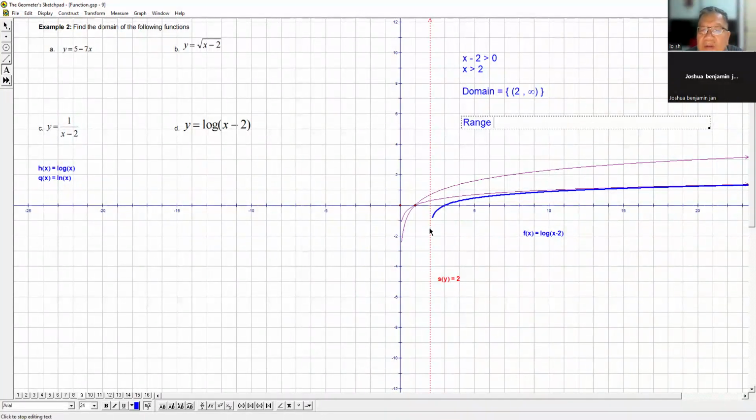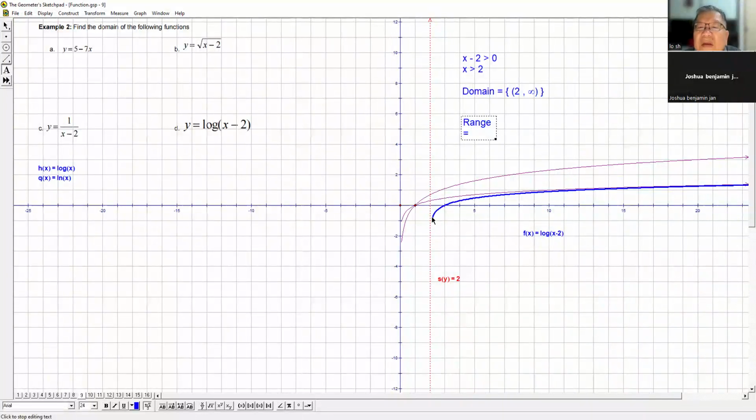Now the range, actually this blue line can go until very low. It can go until infinity, but it won't cut the red line.